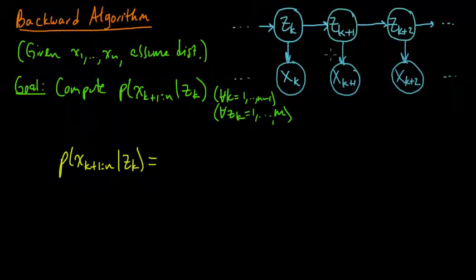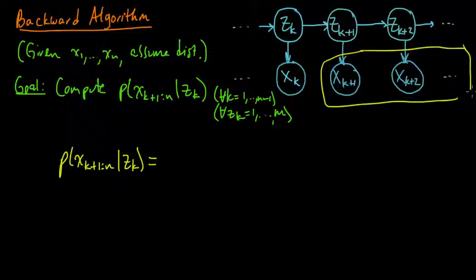So let's think about what the situation is here. I drew the graphical model here for illustration purposes. And so here, what do we have? We have xk plus 1 through n, so that's all this stuff here, and we have zk, so we have this guy. What would be helpful here?